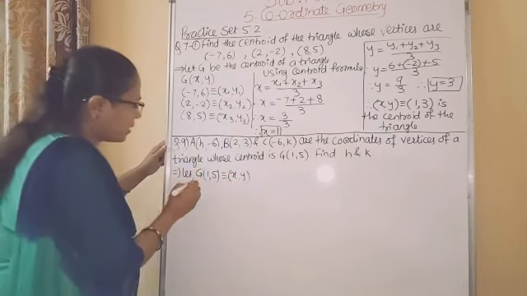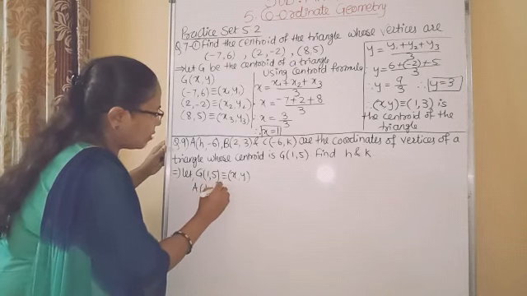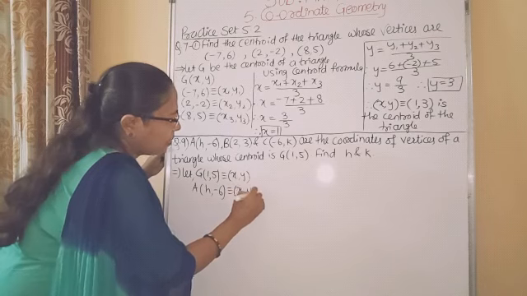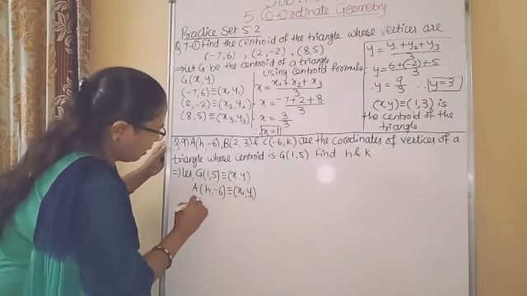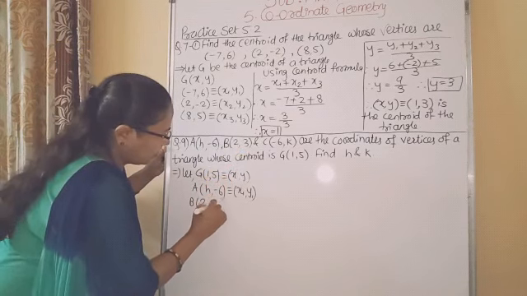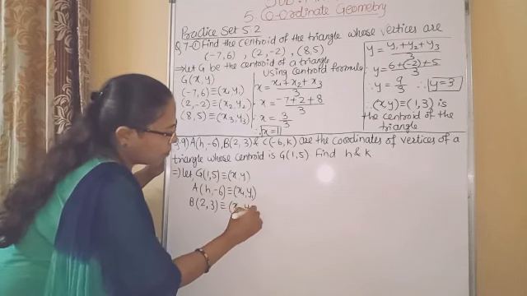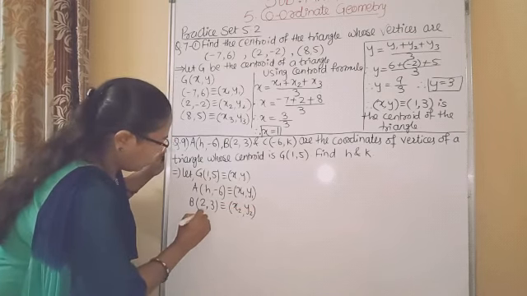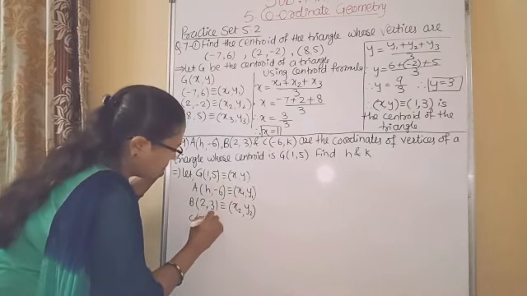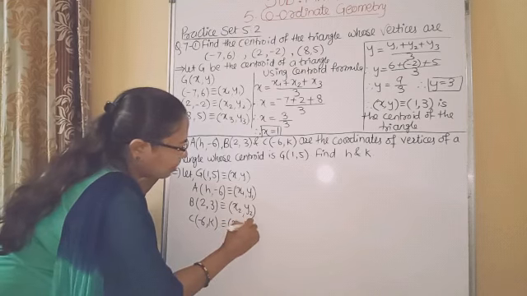Then the first vertex A having coordinates (h, -6), this we will assume (x1, y1). The second coordinate B (2, 3), this we will assume (x2, y2). The third coordinate C (-6, k), this we will assume (x3, y3).